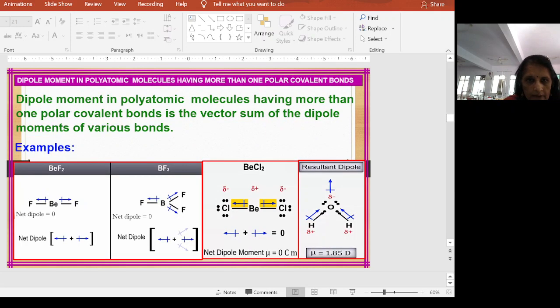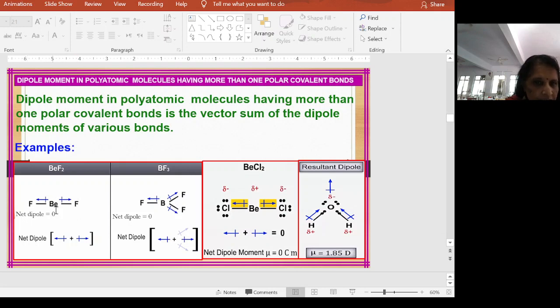Now since it is a vector quantity, in a polyatomic molecule, the overall dipole will depend upon the sum of the dipole moments of various bonds. For example, you can see here in the BeF2 molecule, beryllium and two fluorines are at an angle of 180 degrees. The net dipole is found to be 0 because from both the ends, the polarity is towards the opposite side.